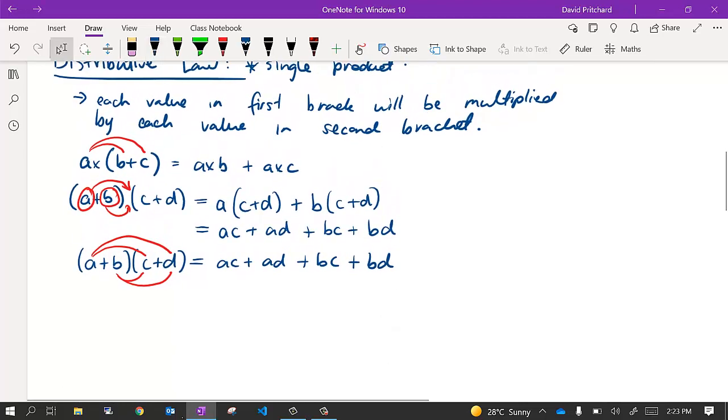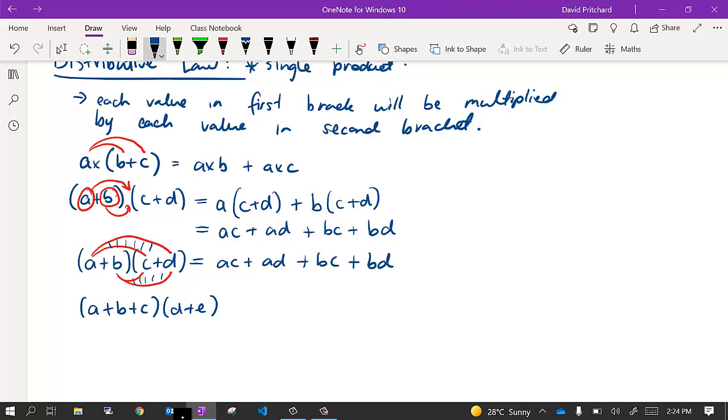Now, the only extra is that FOIL and crab claw and whatnot, they only really apply if we've got two brackets, only two terms within each bracket. So as soon as we change this to A plus B plus C multiplied by D plus E, it all starts to fall down.